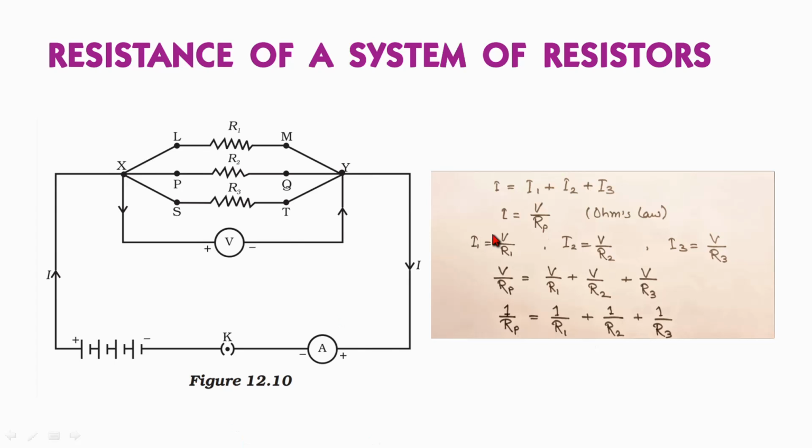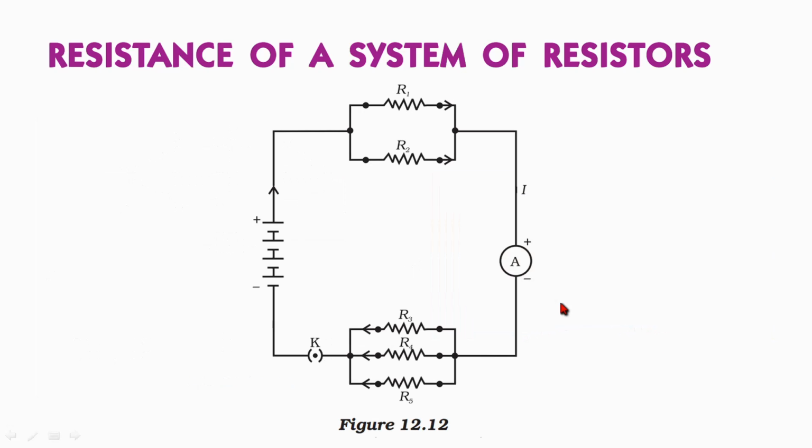I1 is equal to V over R1, V will remain the same, the potential difference. I2 is equal to V over R2, I3 is equal to V over R3. Because I is the same, V over Rp is equal to V over R1 plus V over R2 plus V over R3. So the final equation becomes: 1 over Rp is equal to 1 over R1 plus 1 over R2 plus 1 over R3.